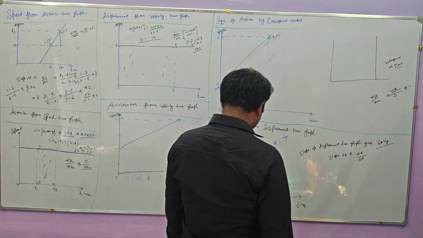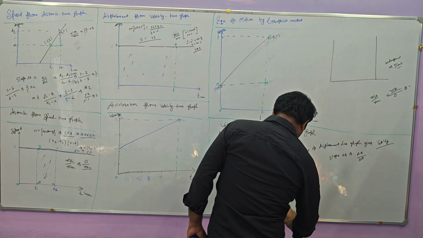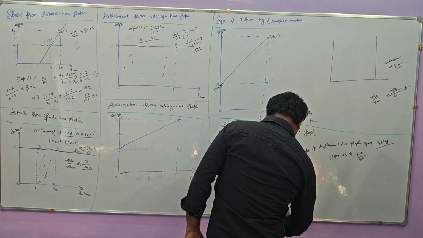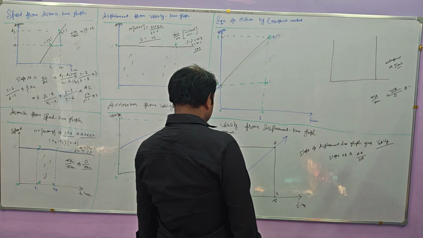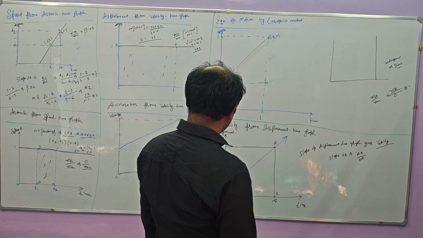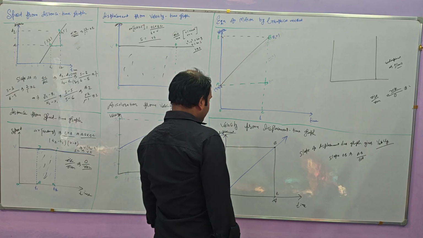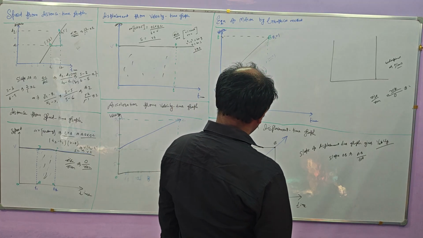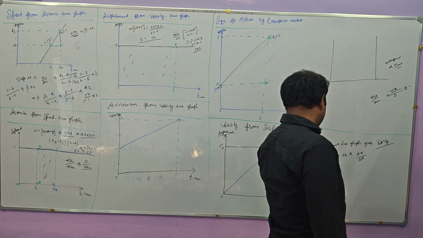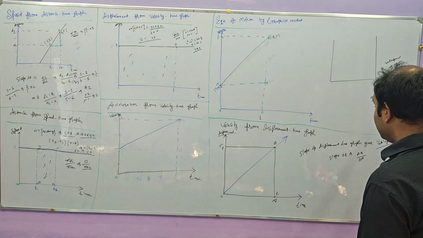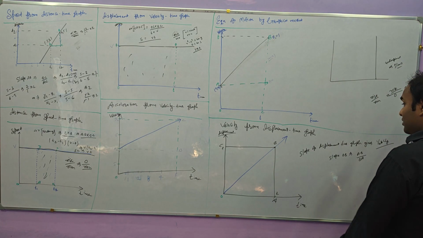Suppose this is our time t, and this is our displacement s. Then AB is equal to what?